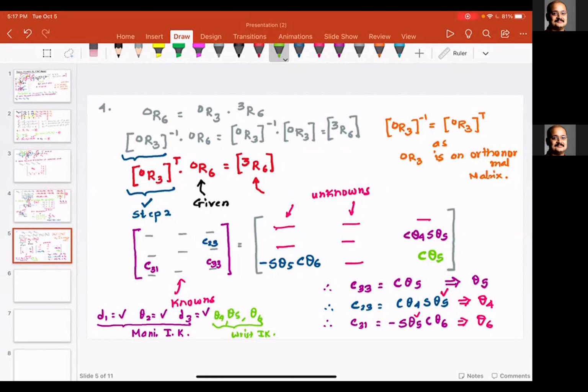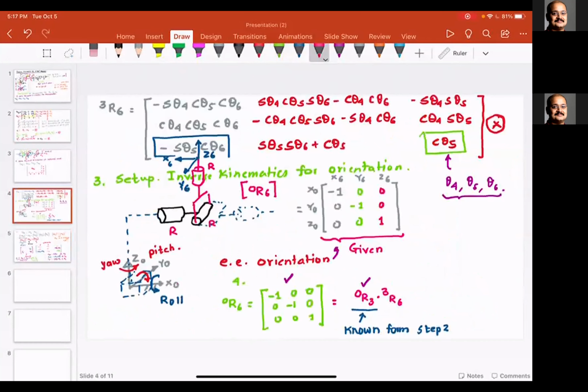Second row on this page, 0R3 inverse. Yeah, 0R3, 3R6. Yeah, that is correct. Which question? I don't understand Kaji's question. You mean which part of the wrist is not correct? Cosine theta 5.